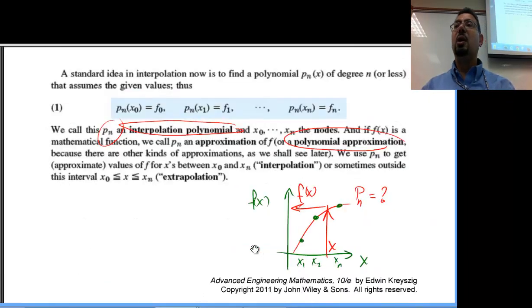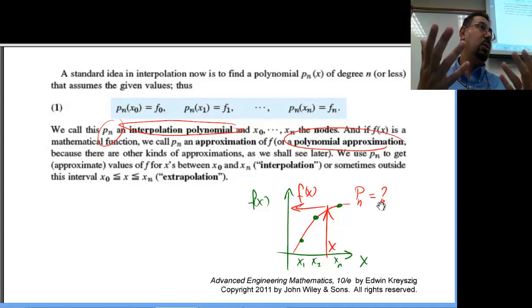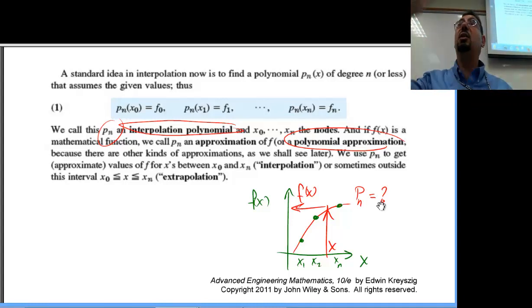When you are doing it in the middle, it's called interpolation, but the same technique you can use if you are outside the range of the data. There is no guarantee it will be correct, but you are hoping that the trend remains the same, and that's called extrapolation. Extrapolation is when you go outside, interpolation is when you are inside, between the data points.